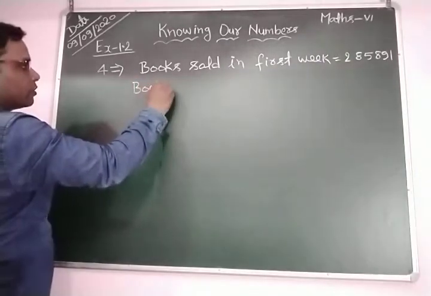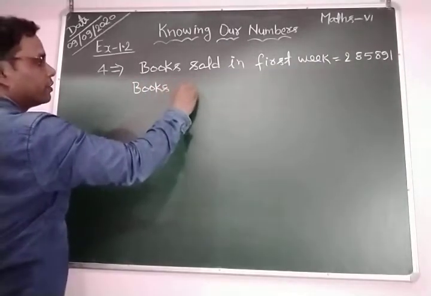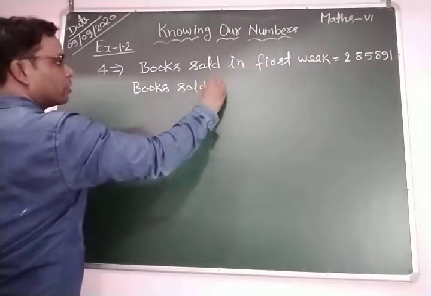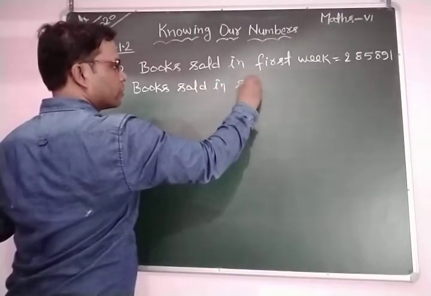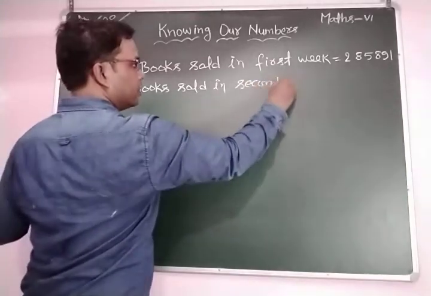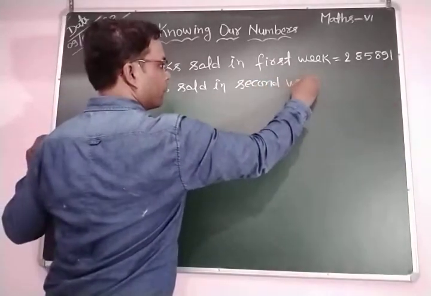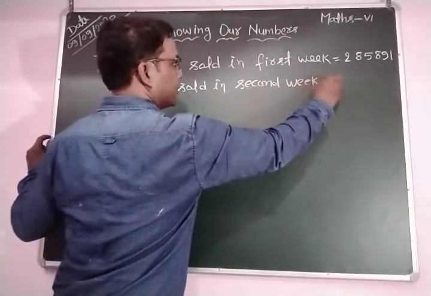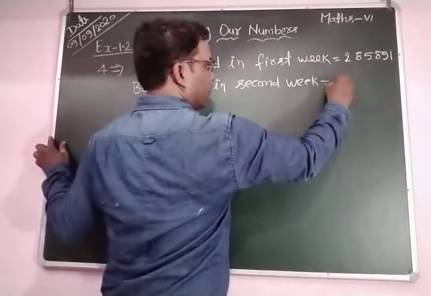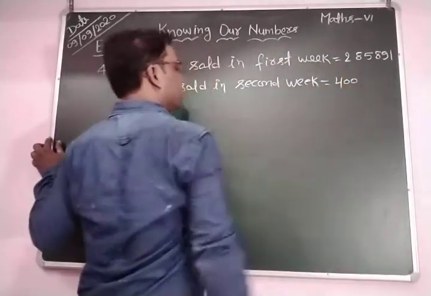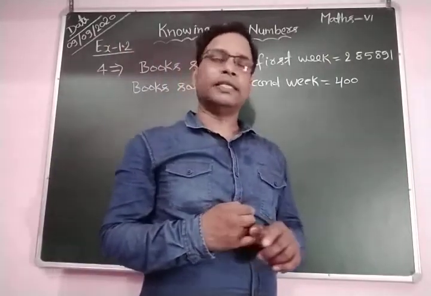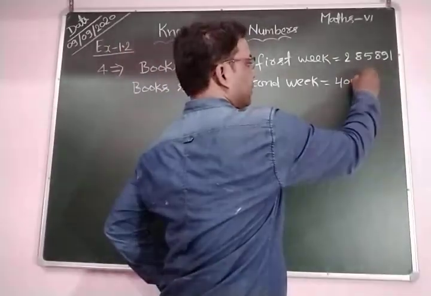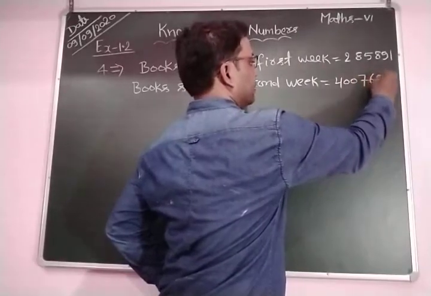So you can write here: books sold in second week is equal to how many? 4 lakh 768.